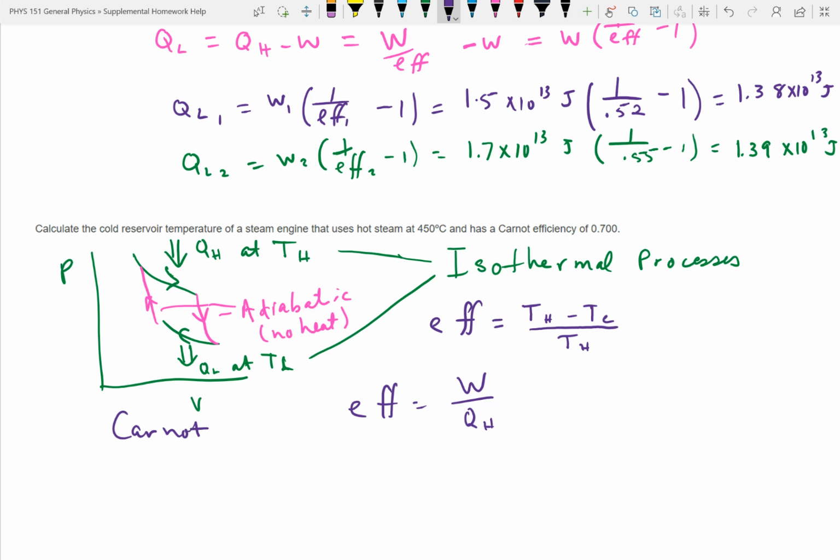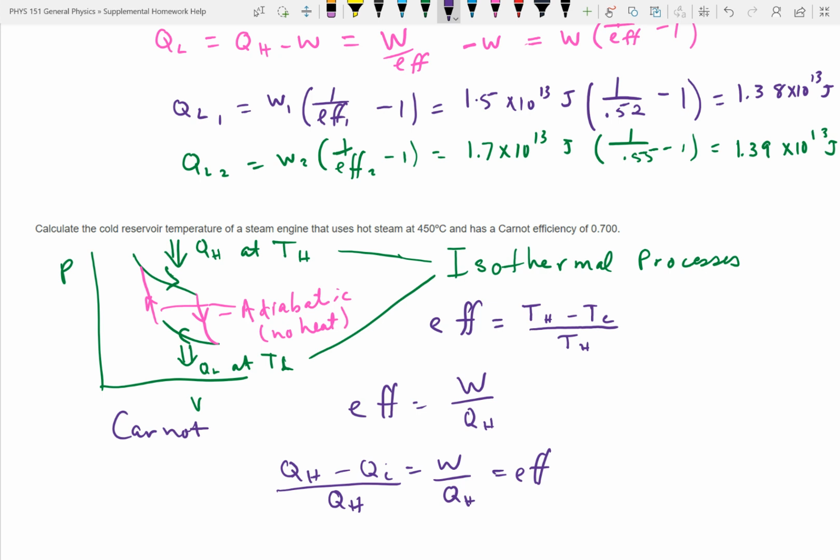And so that's why it comes out to have this relationship, because you have QH minus QC is equal to work. And since they're proportional to temperature, work is proportional to temperature high minus temperature cold. And so if I take the work divided by QH, then I have the efficiency. QH minus QC over QH is the efficiency. And then the proportionality is why it drops down to just TH minus TC over TH.